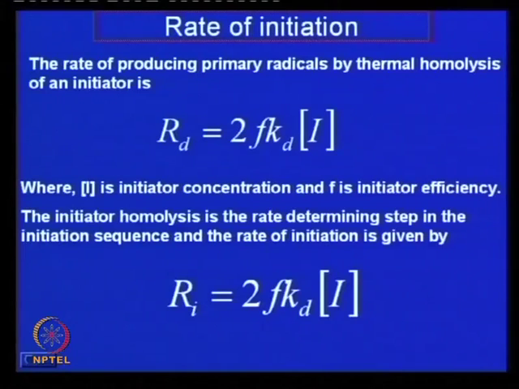As soon as it decomposes, it is not always true that all the primary free radicals produced from the decomposition of initiator will initiate the polymerization 100%. So, these efficiency parameters come. So, here the rate of decomposition of initiator is equal to twice F Kd I, and that is equal to rate of initiation, the same twice F Kd I.